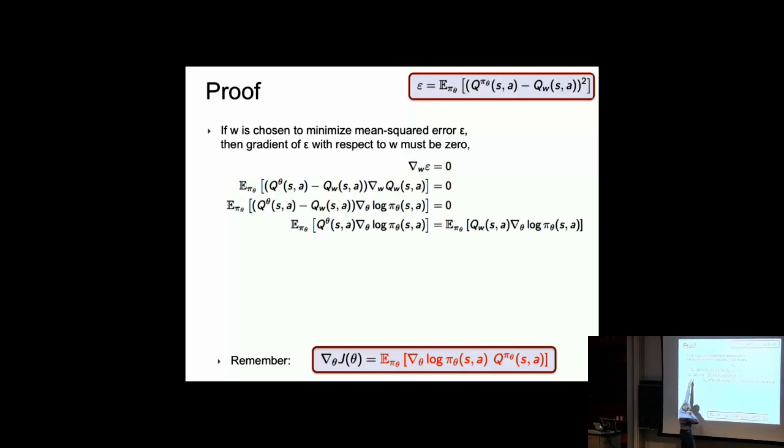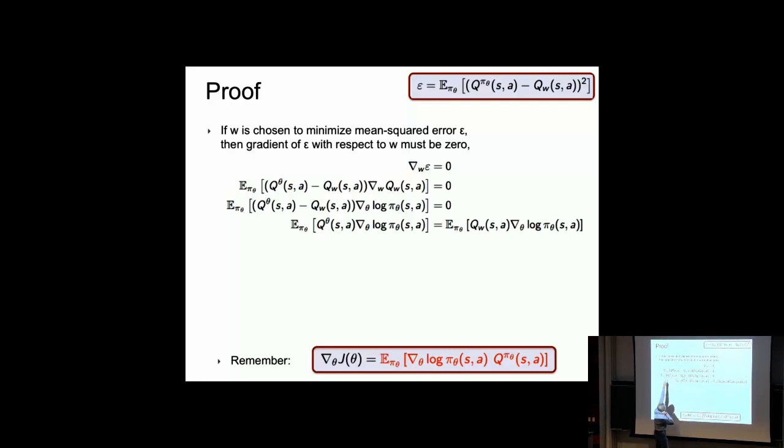And so if I write it out, I get this second line. It's just 2 times this quantity. Oh, what happened to the 2? Well, it equals 0, so I just multiply both sides by 1/2. So it equals this quantity times the gradient of that quantity, which only the second term, QW, depends on W.